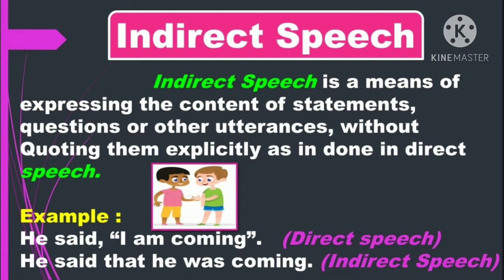For example, he said, "I am coming," that is direct speech. He said that he was coming, that is indirect speech. So, in a simple way, indirect speech does not give the exact words uttered but focuses on the content of what someone said.